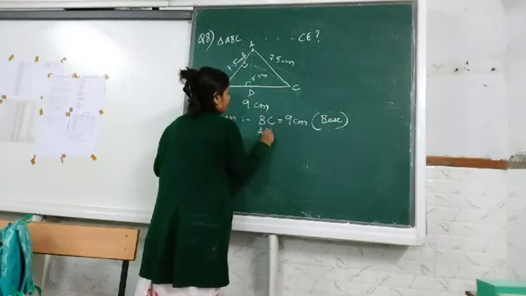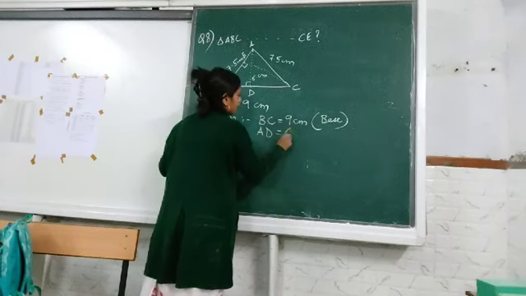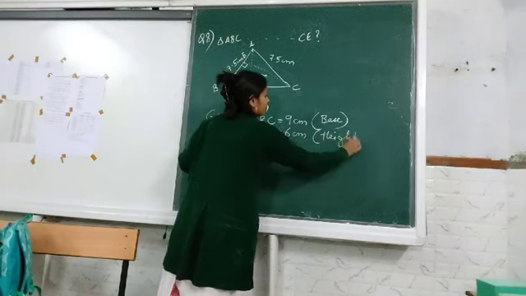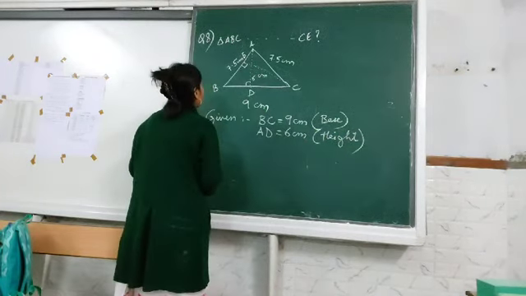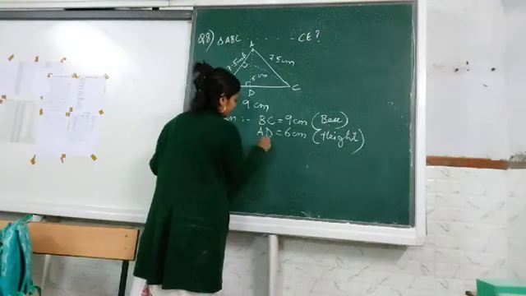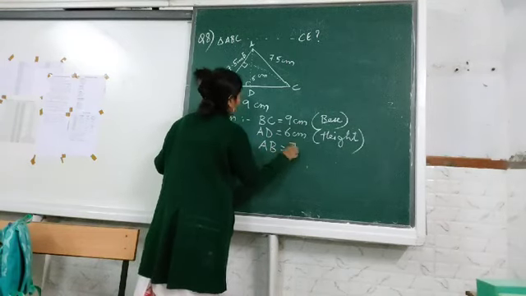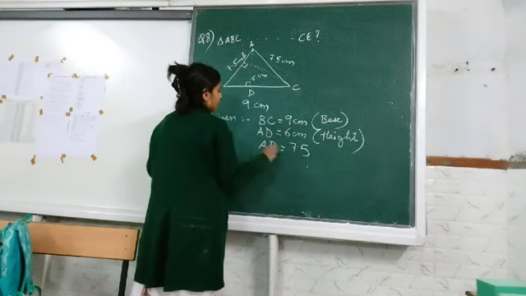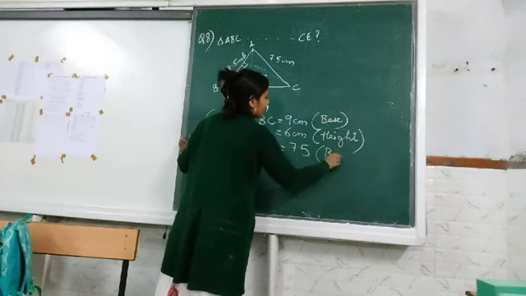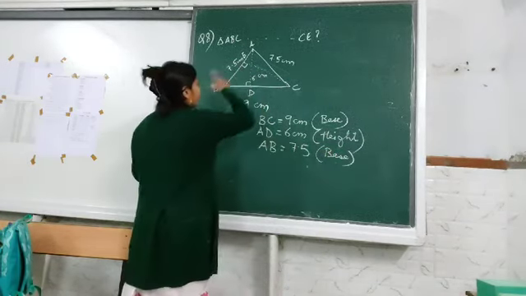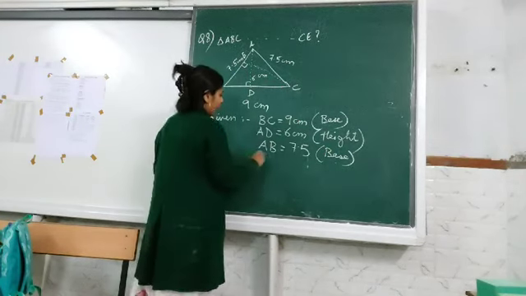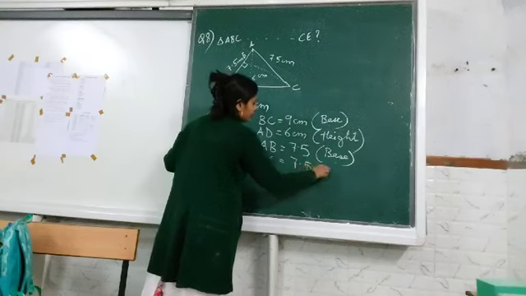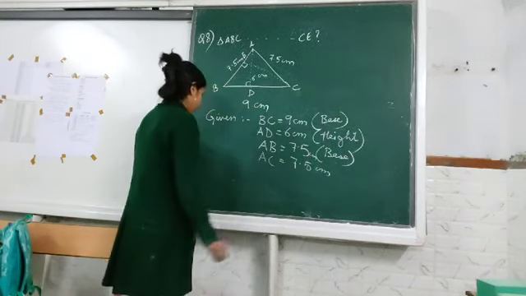AD is equal to 6 centimeter, you can write height. Then AB is equal to 7.5, and this can also be taken as base when we take CE as height, okay, and what is given? AC is equal to 7.5 centimeters. This much is given. Now we have to find the area.